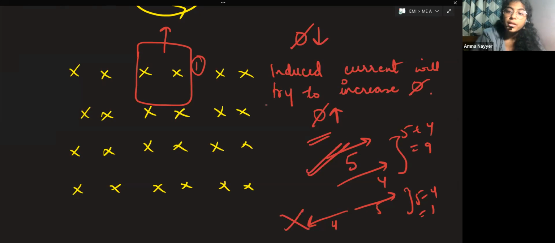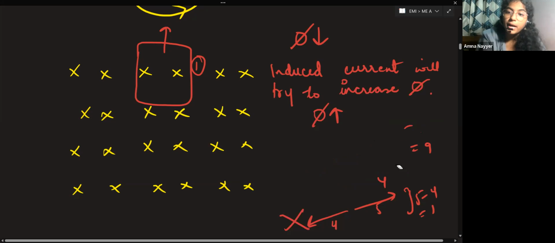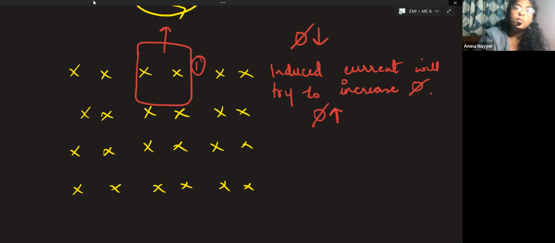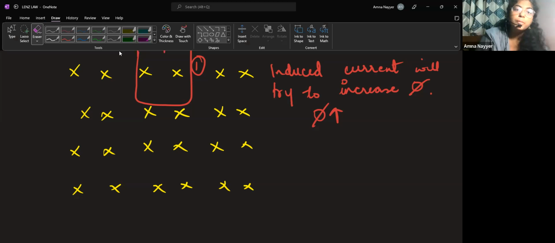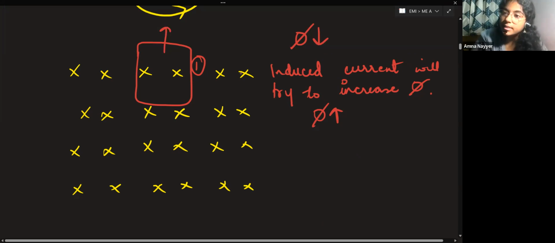So right now, the induced current will try to develop the direction of the magnetic field in such a way that there is a net increase in magnetic field. Then only the cause will get opposed by it. So what will happen right now? The aim is to increase it.